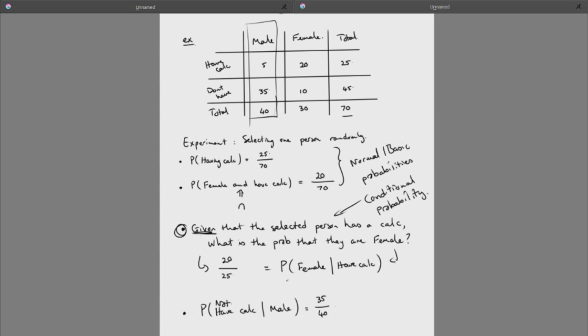I'm writing it in this way always. Given is always the second part after the line, even though the words could be flipped around. That's what makes word problems so tricky. It could be so many different ways of saying something in words, but mathematically we have a specific way of saying it so that it avoids confusion. We just have to be able to read the parts of that probability question. Any other thoughts so far?